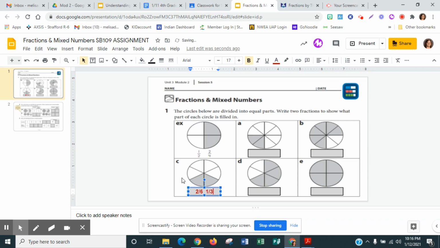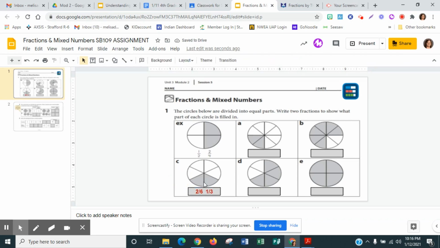On a lot of these, if you can imagine taking out the middle line and then taking out another middle line, it can help you to see a different fraction. But you can also use the math apps that we have for fractions to come up with what's equal to 2/6.